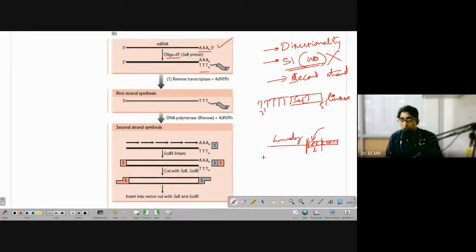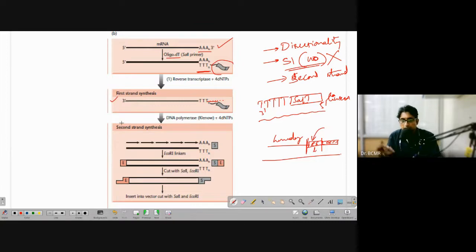For cloning primers, we have done something like that. In a very similar fashion, here they have chosen an oligo dT along with a Sal1 linker. So on one side, when the first cDNA strand is made, you're going to have a Sal1 site here, and the first cDNA is synthesized.